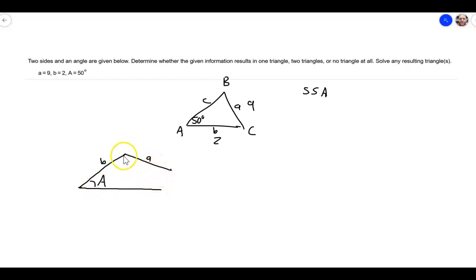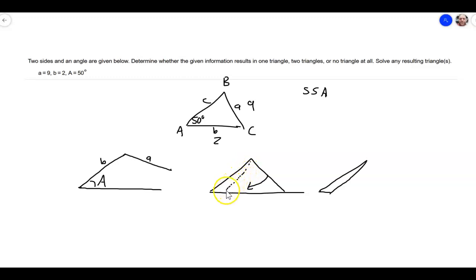Now, depending on how long this side here is, if I were to swing this down, I could possibly make a triangle that looks like this. Or if I were to keep swinging this side this way, I could also possibly make a triangle that looks like this.